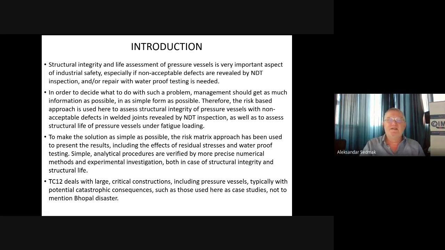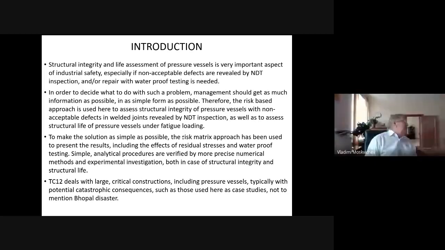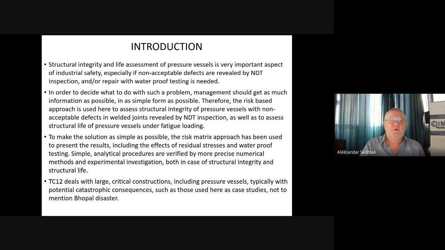So this relatively simple approach is presented in the form of a risk matrix. I will show it soon. And we can also incorporate in a simple way some important effects like residual stresses and especially this waterproof testing. I'll come back later to that.